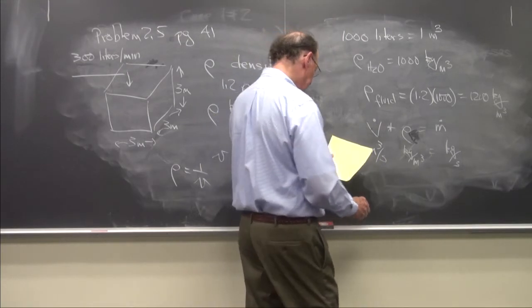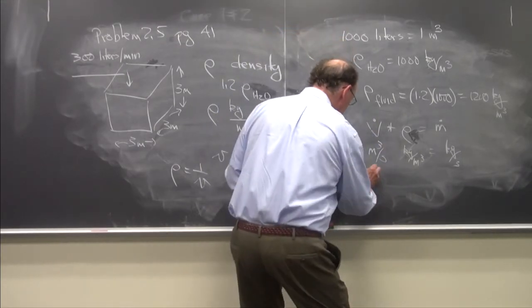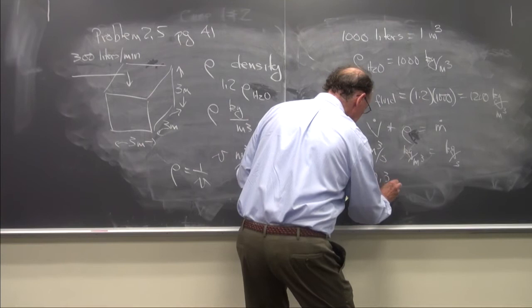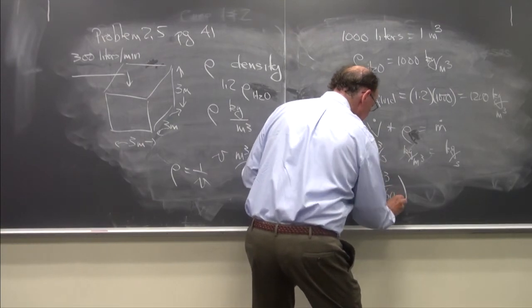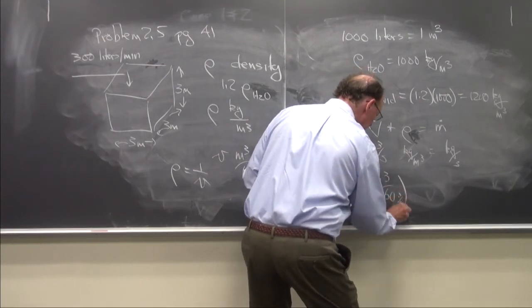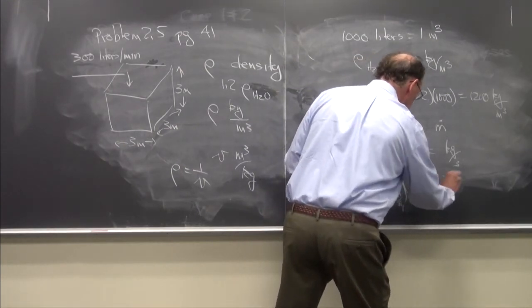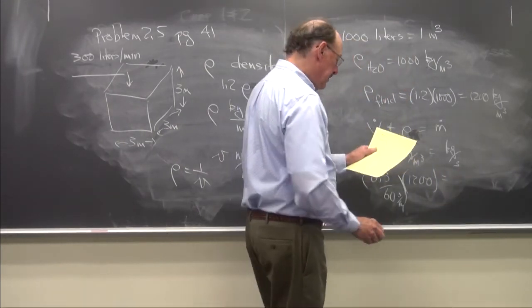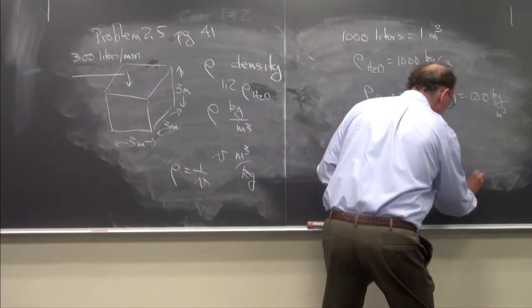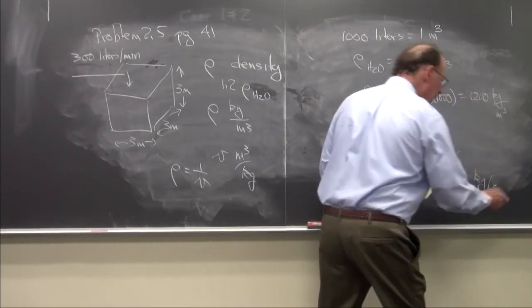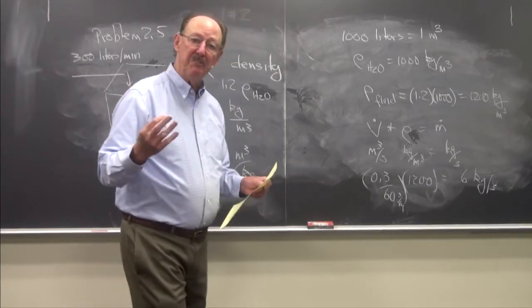So if I substitute in, I have 0.3 divided by 60 seconds per minute, times the density of 1,200 is going to be equal to 6 kilograms per second. So that gives me the mass flow.